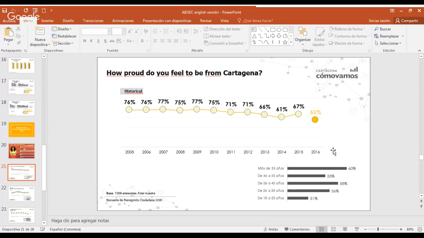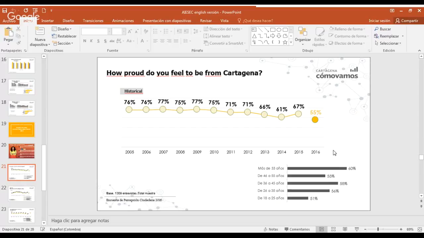When we asked people in 2016 how proud they feel to be from Cartagena, 5 out of 10 people said that they feel so proud. However, it's important to know that the results are not directly comparable with other years, because in 2016 we had a small change in the methodology of the survey.